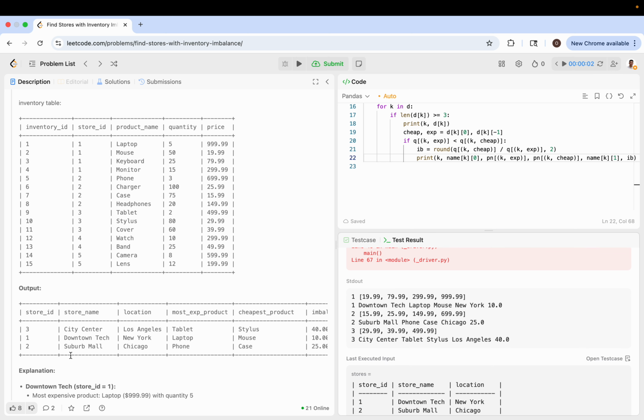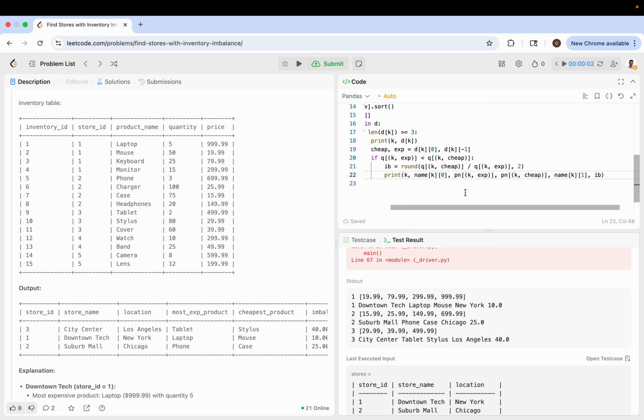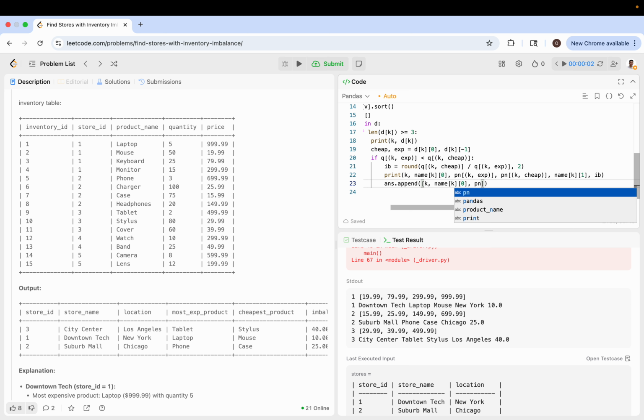Okay, awesome. So it looks like we have all our results, and we just have to sort them now. Let's gather it first. So answer.append k, name k0, PN, just gathering all this stuff. Name k1, and then IB.